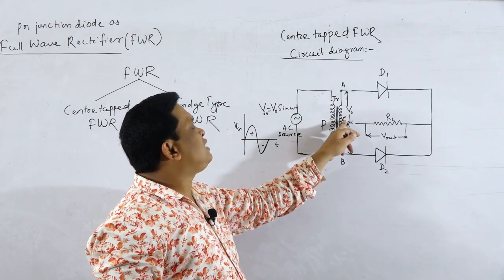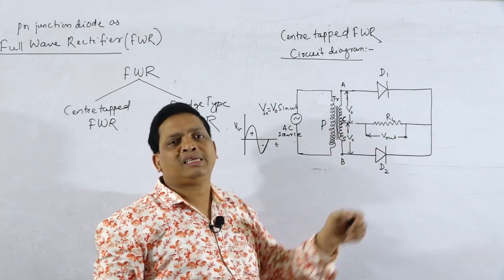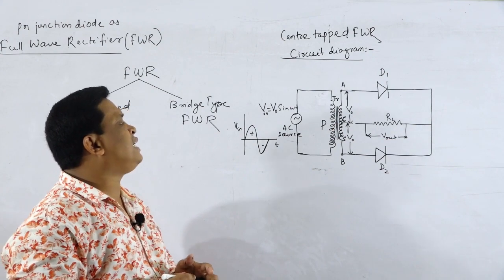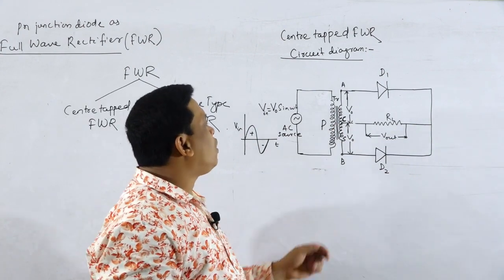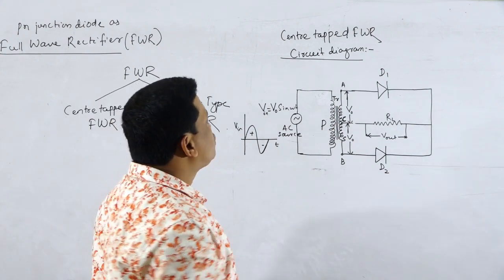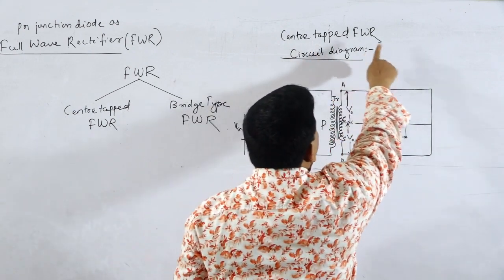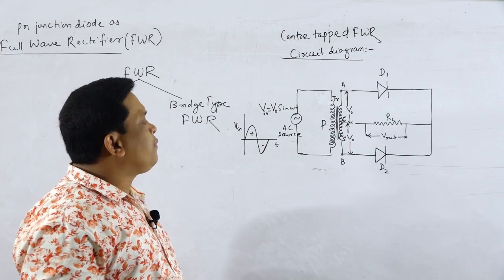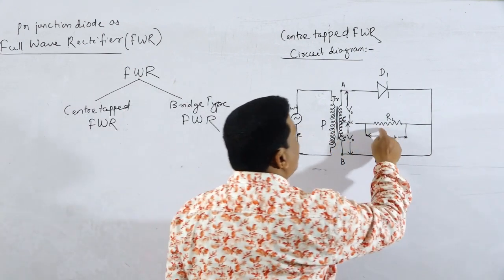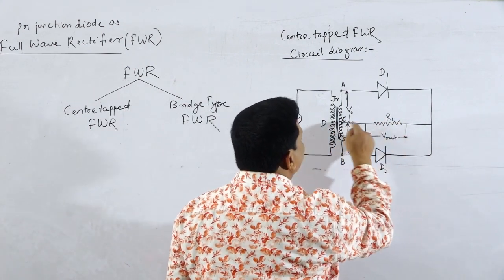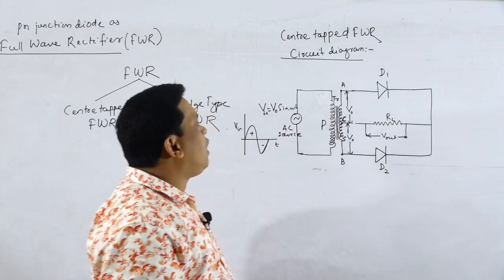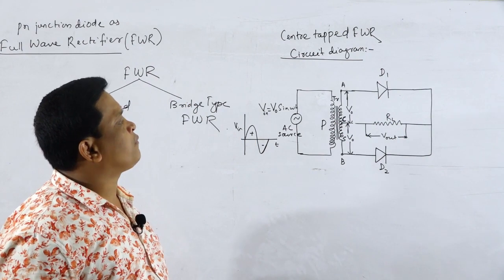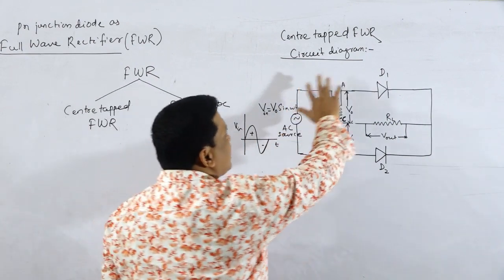So C is the center position and the load resistance RL is connected to the center position of the secondary winding. So its name is center tapped full wave rectifier. Okay, clear? So the load resistance is connected to the center position C of the secondary winding of the transformer TR. So this is the circuit diagram.